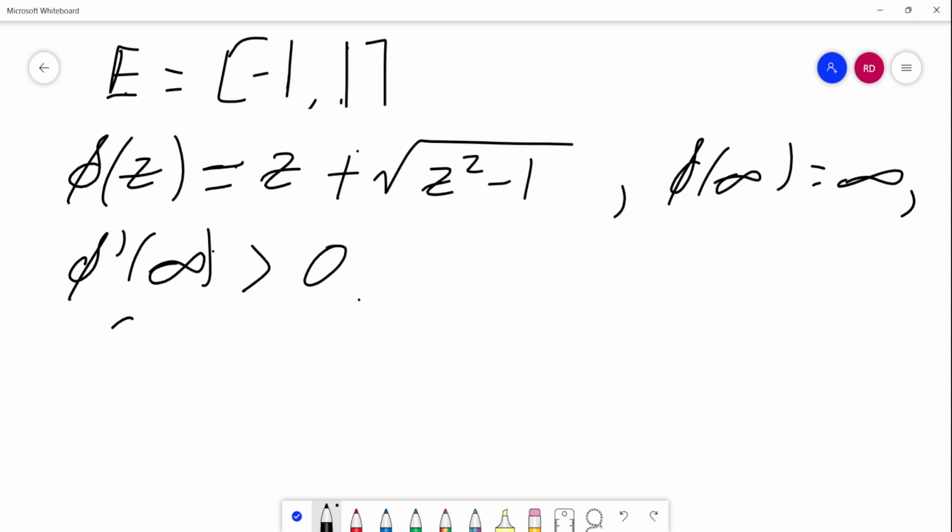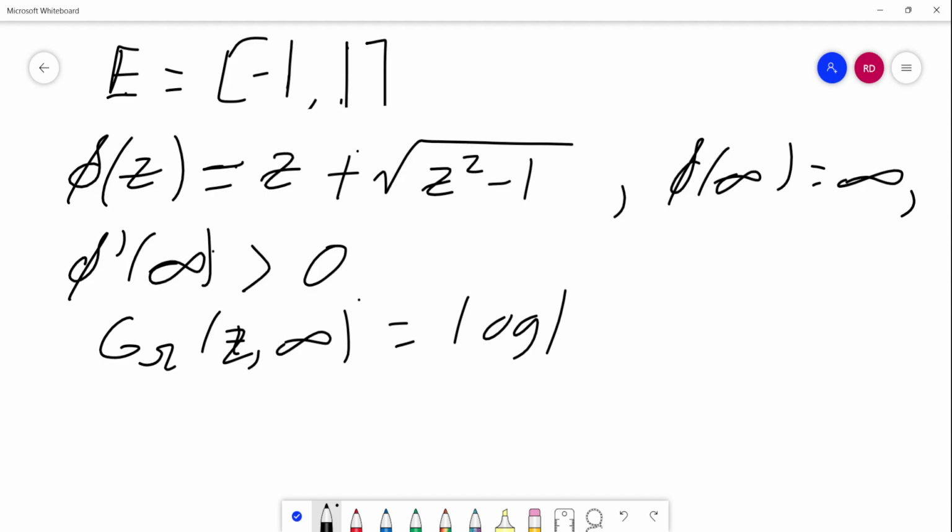So that means the Green's function is the log of this. So look at that. We have a closed form for the Green's function. That's nice, because usually the Green's function, the potential, involved this whole elaborate integral process. So here we don't need one.